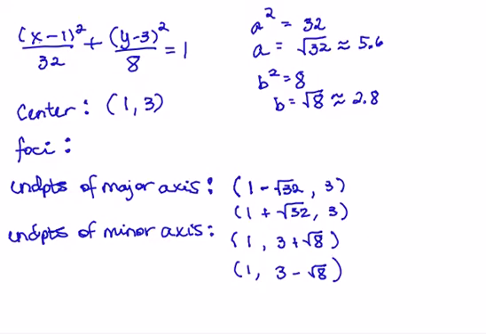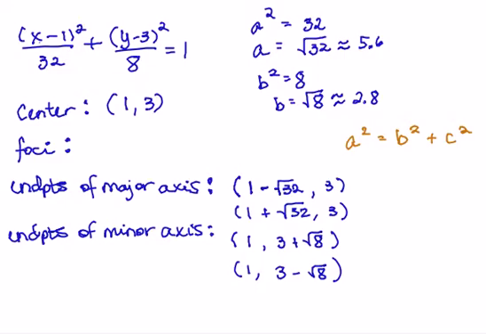So we have our center, the endpoints of our axes. We need to find the focus. Now, in order to find the focus, we need that c value. And remember, we're going to use a Pythagorean relationship, but we're going to think about which number out of a, b, and c is going to be the biggest. In an ellipse, it's the a that is the biggest. And so that means for this situation, a squared is going to be equal to b squared plus c squared.